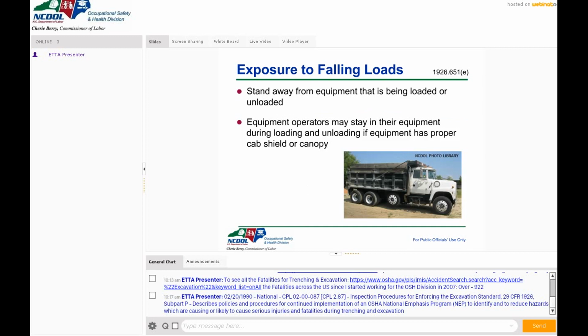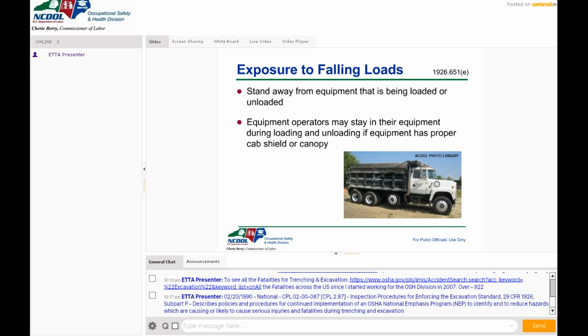Whenever equipment is being operated at a site, like for example, this dump truck right here, if they're loading from the side, swinging around this way, they're okay. If they're loading from the back, it's okay. But if you're loading over the cab, then there has to be this protective barrier up here for the cab.